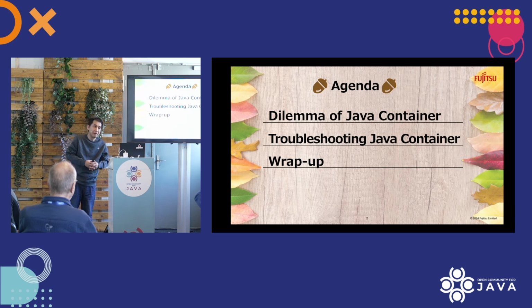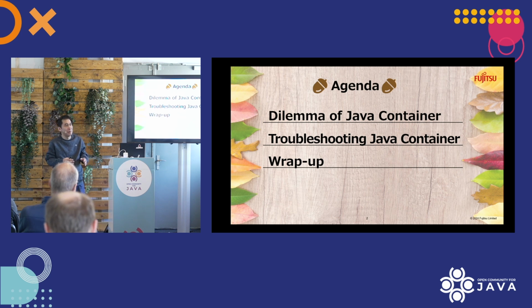The reason why I want to talk about this topic is that, usually when using a container, troubleshooting and security are considered mutually exclusive. And there is another demand when using containers: faster startup time.